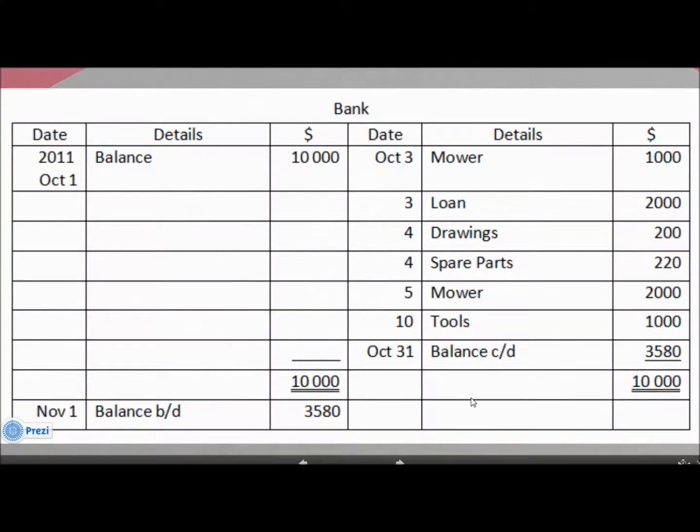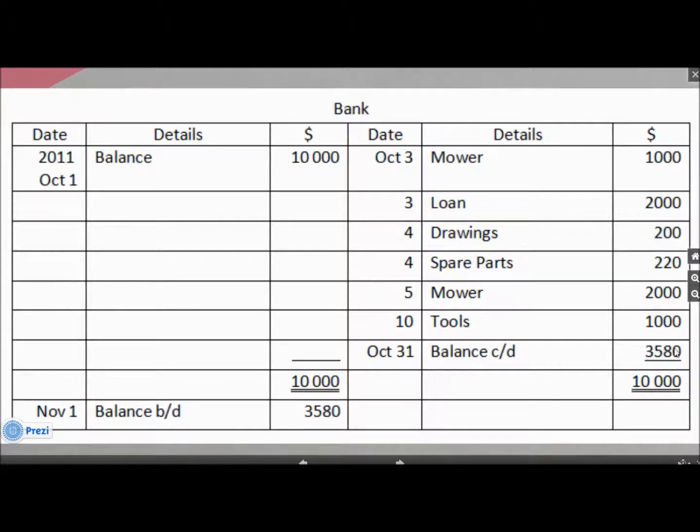The bank, and this is a balance carried down, and this is a balance brought down. The balance carried down date is October 31, and it is the end of this month. It's $3,580, and this altogether is 10,000.